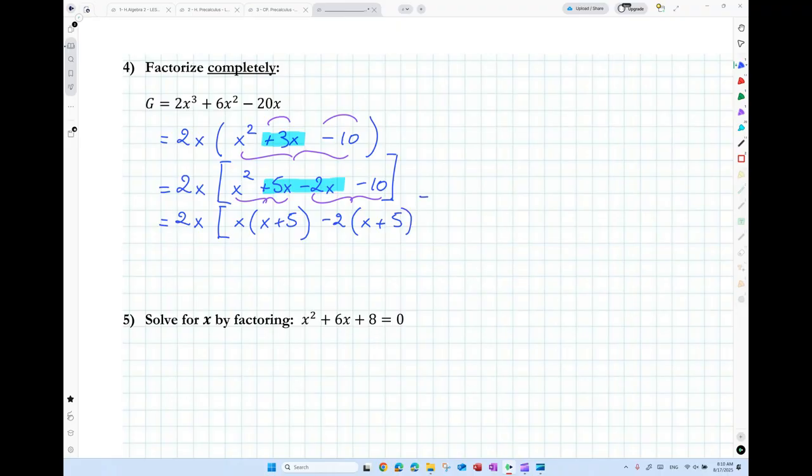And if you chose those two coefficients correctly, you will automatically have another common term, and that will be x plus 5 in that case. And if I factor out the x plus 5, I'm left with x minus 2.